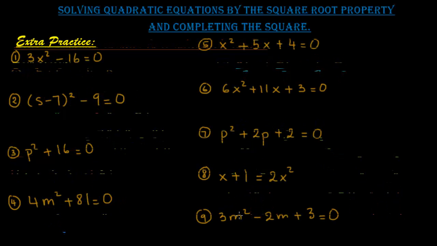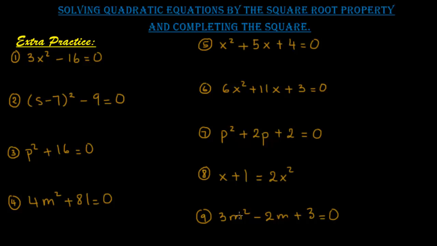Alright everyone, to close today's section, I have 9 problems for you to practice on. Make sure you understand the concept of how to solve a quadratic equation by the square root property and completing the square. In problems 8 and 9, you need to rewrite them a little bit. You may want the variable to stay on one side before you do the completing the square, and make sure the leading coefficient is 1.